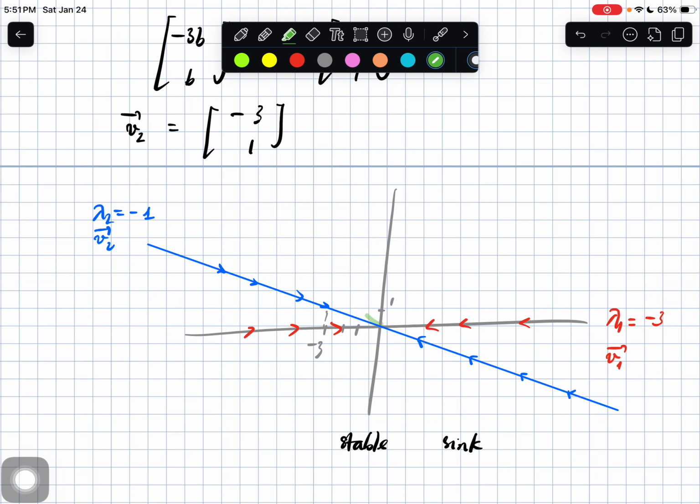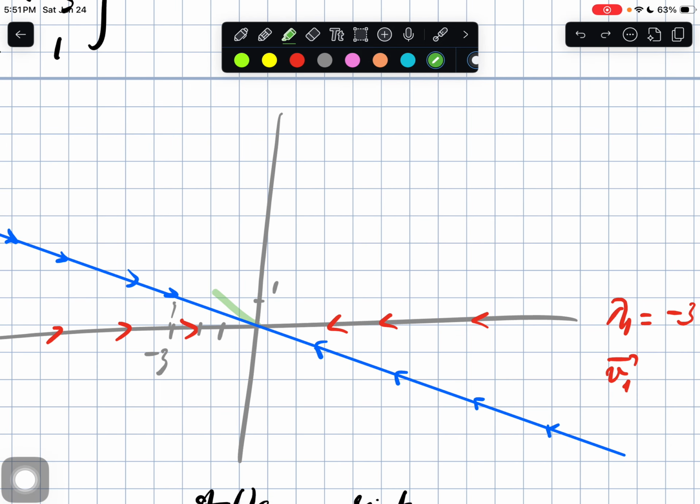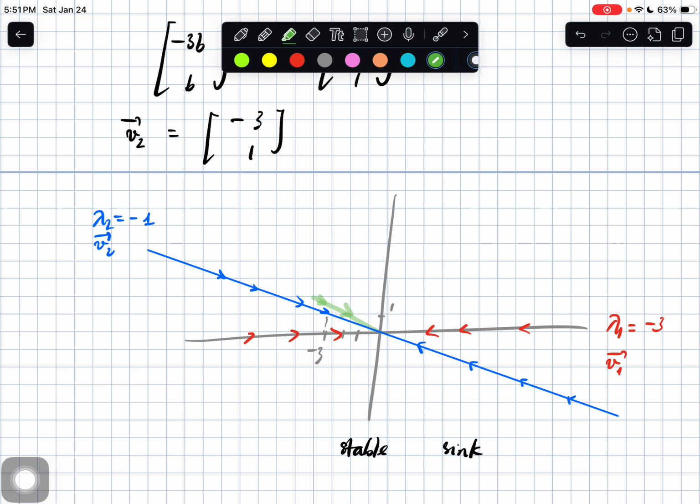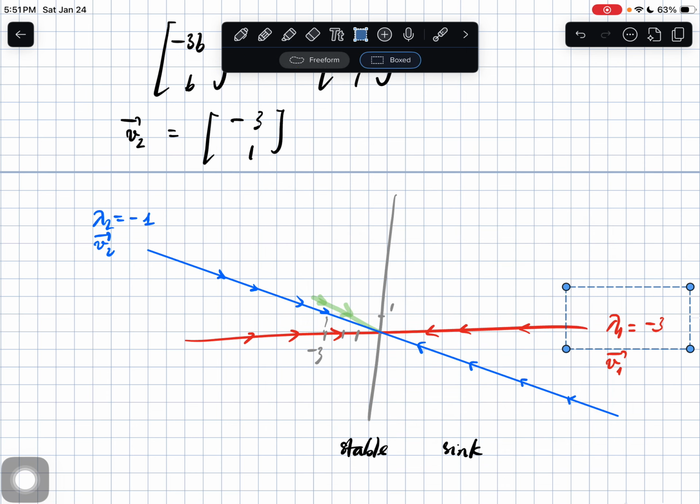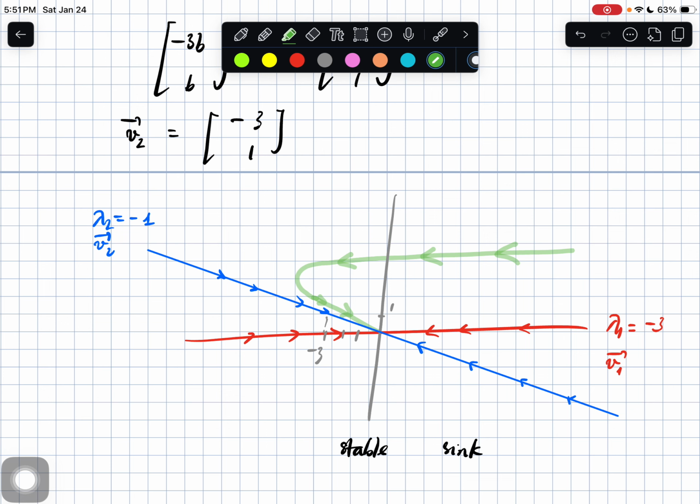Let's follow the blue when this is big. And the red when it is minus infinity. Same for the other quadrant.